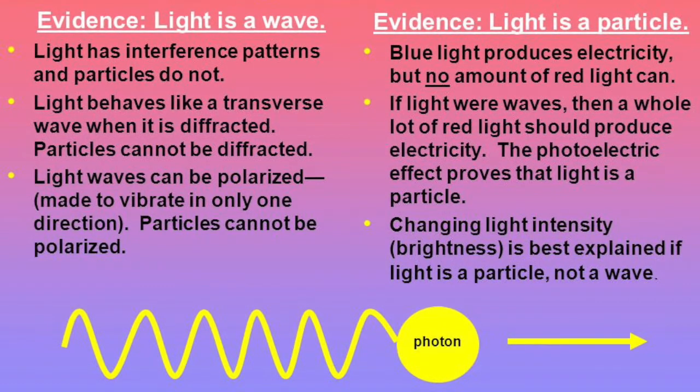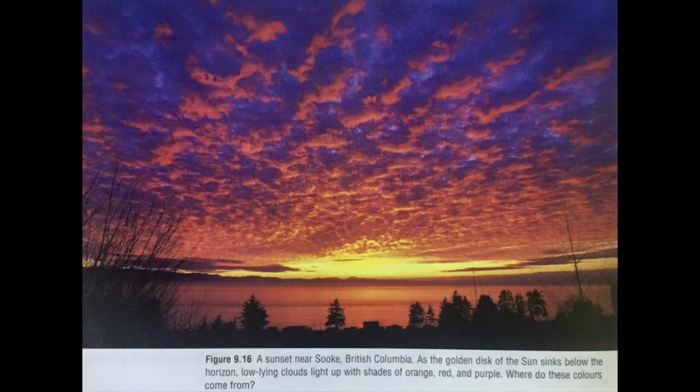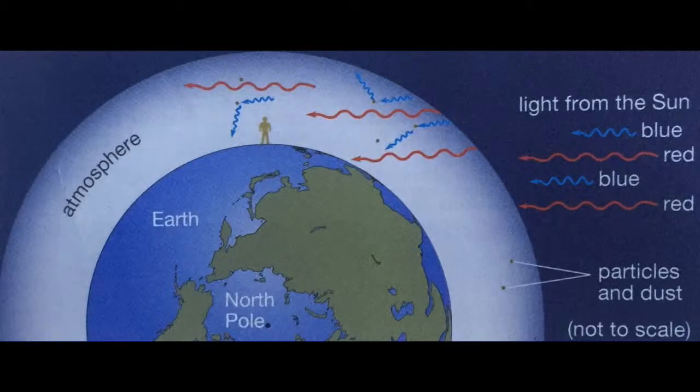Light waves in action. We can explain sunsets, such as the one in figure 9.16, using a wave model of light. As light waves from the sun travel through Earth's atmosphere, they strike particles of different sizes, including dust and grit. The longer wavelengths of the reds and oranges tend to pass right through and between these particles.